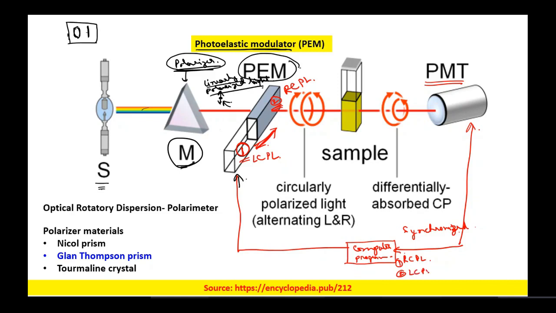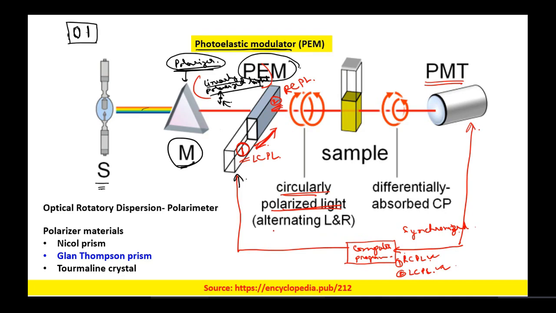In this way, it records both the RCPL and LCPL readings. So after the linearly polarized light passes through the PEM, we get circularly polarized light.